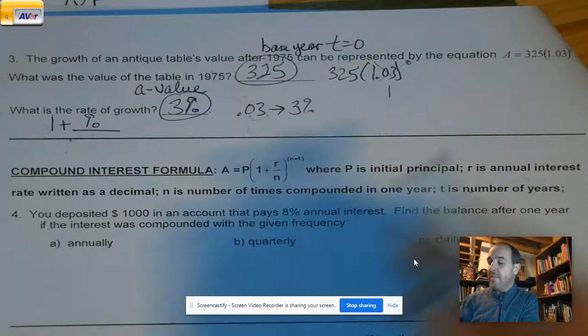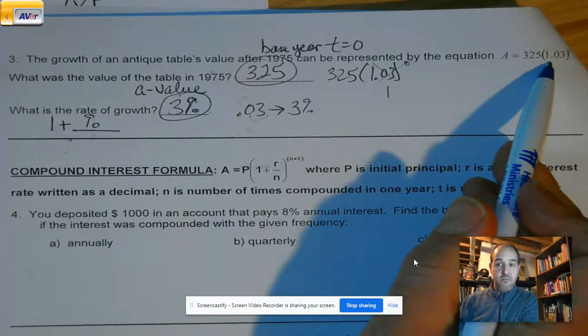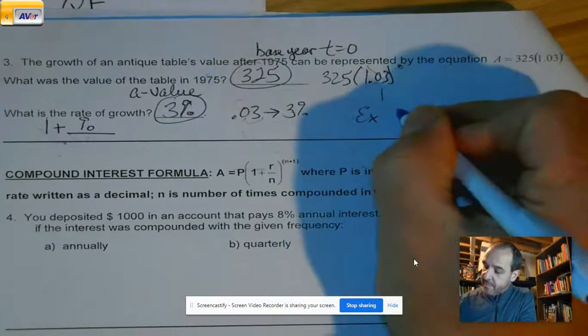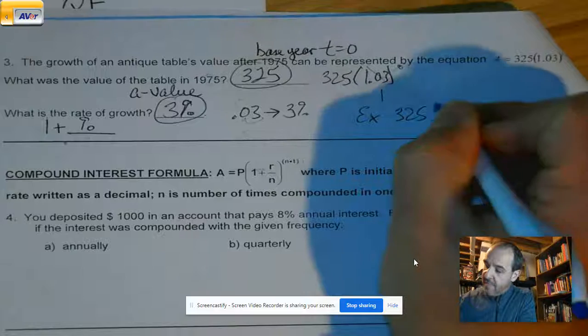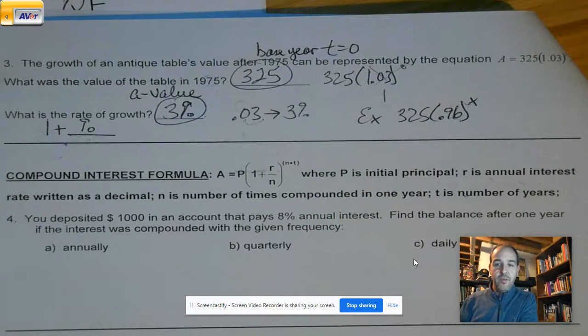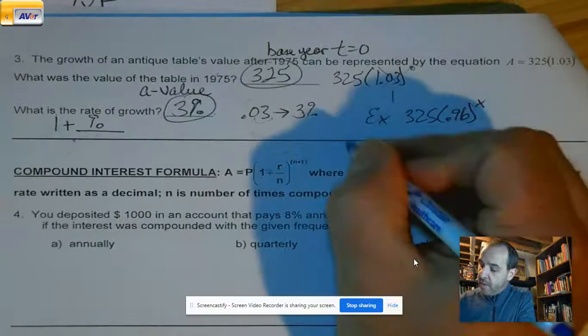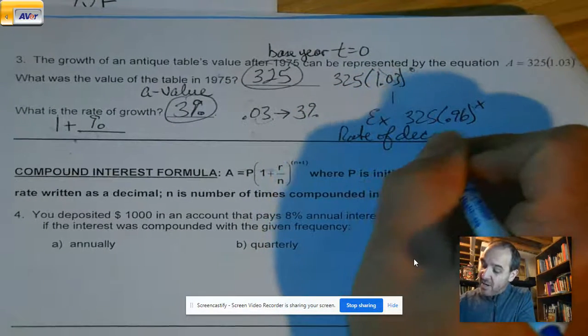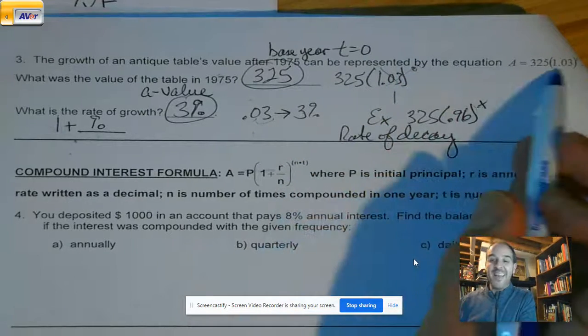Okay, if this would have been a number less than 1. So let's just say, for example, it was 325 times 0.96. Okay, this would have a rate of decay. You're like, why is it decay? Because it's less than 1.